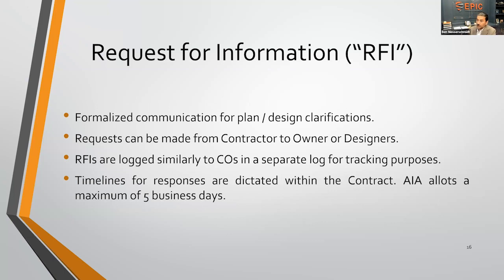The request can be made from the contractor to the owner or the designers if it's a design-based issue, or a big material selection between the contractor and the owner. Do you want gold leaf wallpaper or traditional wallpaper, for example, would be a perfect one for the owner to get involved on. But most of the communication is really contractor with the designers or with the engineer of record.